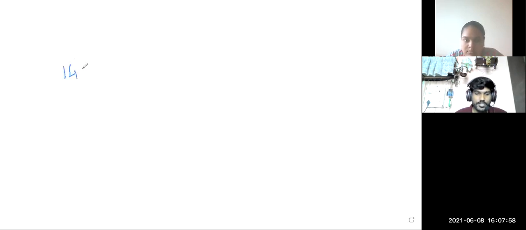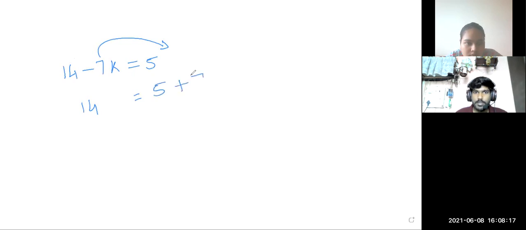If you see, it is 14 minus 7k is equal to 5. Up to here, you must have understood. So what you do is take this minus 7k on the other side, and it becomes plus 7k. So you have 14 is equal to 5 plus 7k.